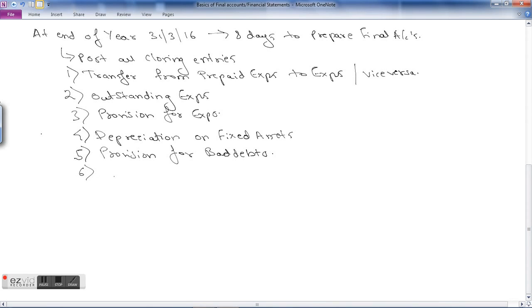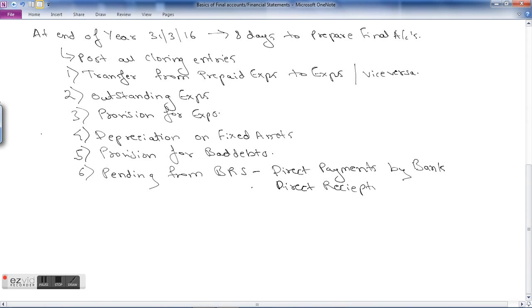Then there may be some pending entries which you get from your bank reconciliation statement, like direct payments by bank, direct receipts by bank, and bank charges which are charged in your bank statement but the entry is not passed in your books of accounts.